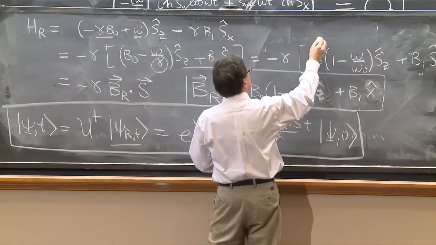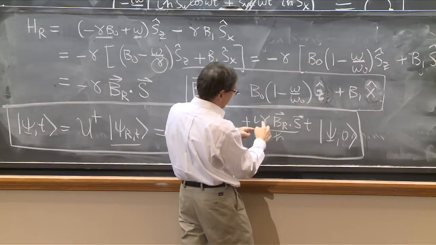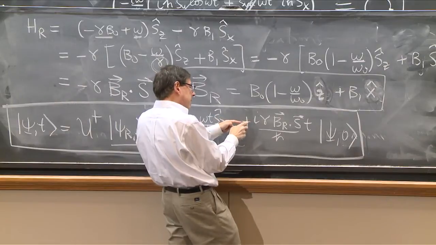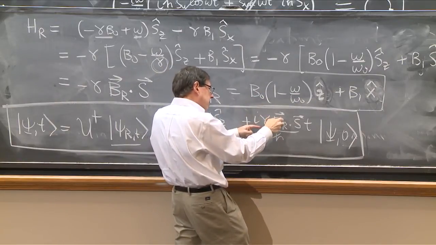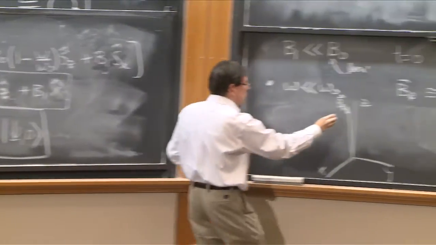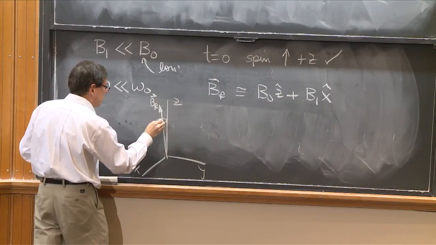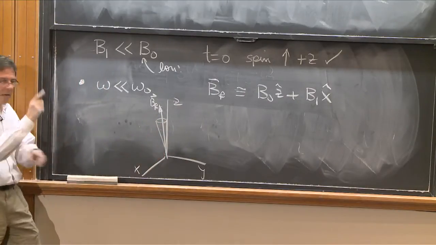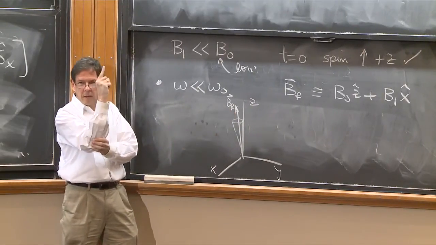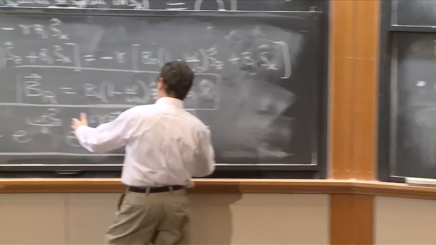If the rotation operator here is minus the angular velocity, there's a minus sign here that you always must think about, but forget about it for a second. This is rotating around B_R, so suppose you have a spin state here in the z direction, it is going to start rotating in a little cone like that. It's very close to B_R, so it's just going to rotate around it like that. And that's what this part is going to do.